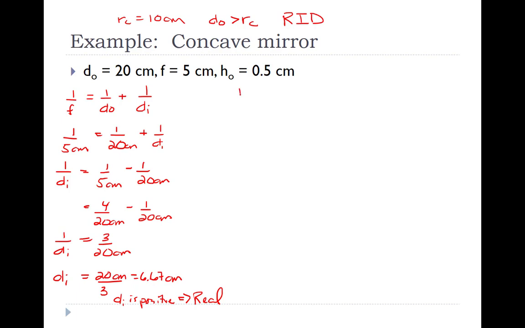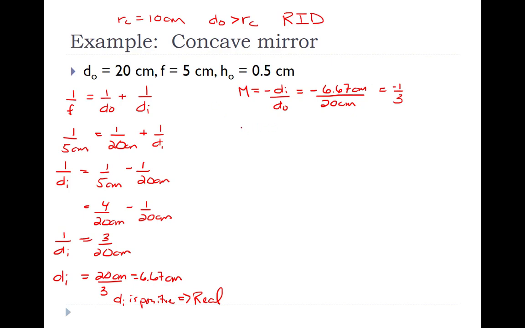Now I can find the magnification. We just found an image distance of 6.67 centimeters. Object distance was 20 centimeters. That gives me a magnification of negative 1/3 because I have this negative out in front in my formula that just carries through.